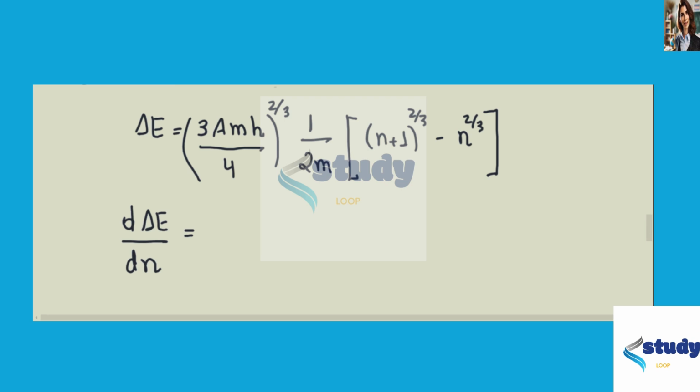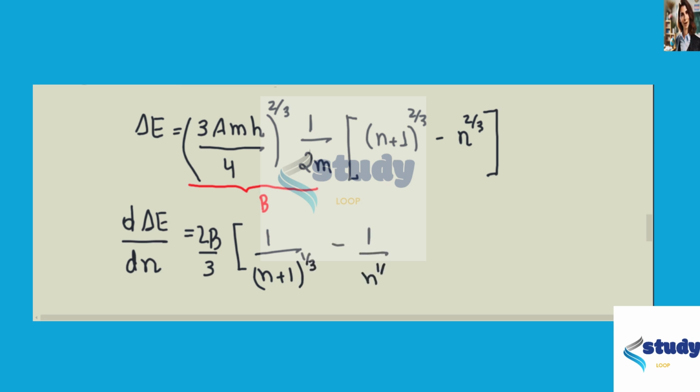Okay, so this is equal to this whole constant here, which I'm not going to bother about. I'm just going to call it B. This is a positive constant times 2/3. So let me write it as 2/3 of B times 1 over n plus 1 to the 1/3 minus 1 over n to the 1/3.